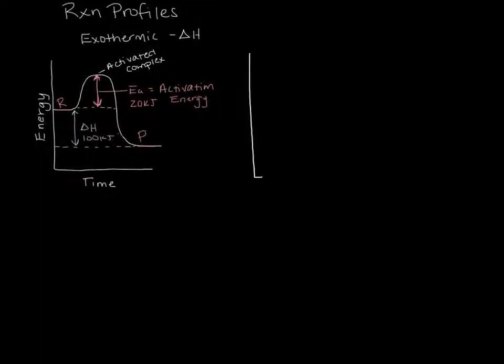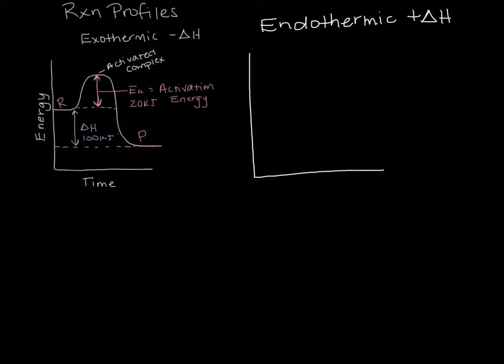So I'm just going to draw the reverse reaction of my initial reaction profile. So this is going to be my endothermic reaction with a positive delta H. So my reverse, my endothermic reaction, is going to look like this as I absorb heat.